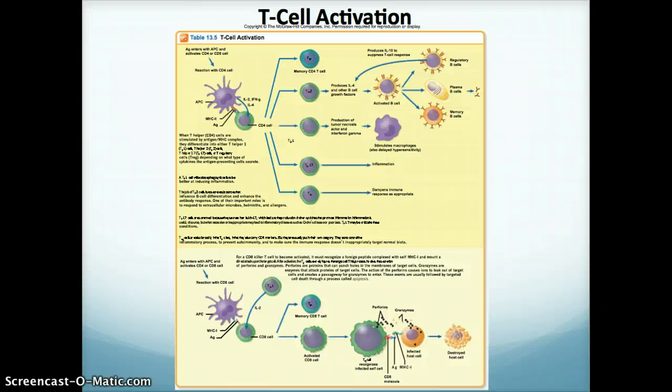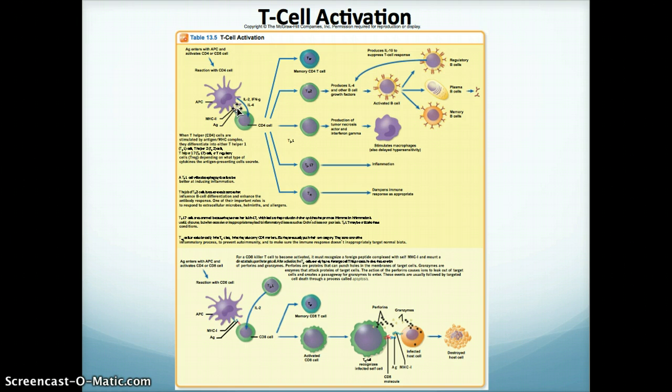This is table 13.5. At the top, we are looking at the helper cells and the regulatory cells. What we have here is that APC, which has an antigen on its MHC2 complex. It has bound to a CD4 cell through that antigen and also through that CD4 receptor.